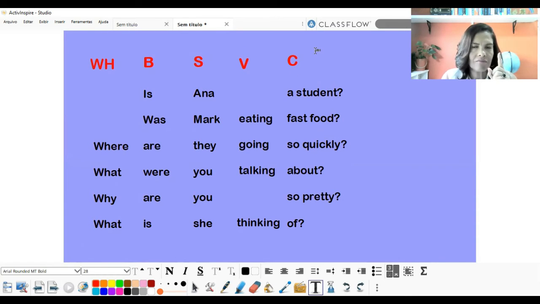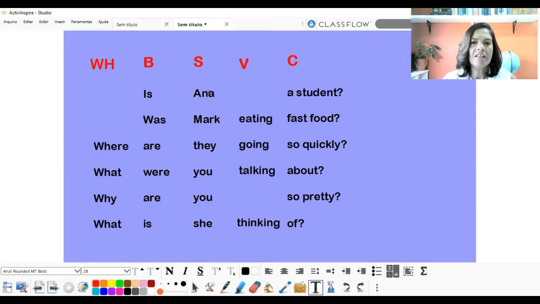Now, pay attention. With the verb to be, if you use only the verb to be, it's a yes or no question, right? Because you're starting with the verb. Remember, if you start your question with a verb, it is a yes or no question.